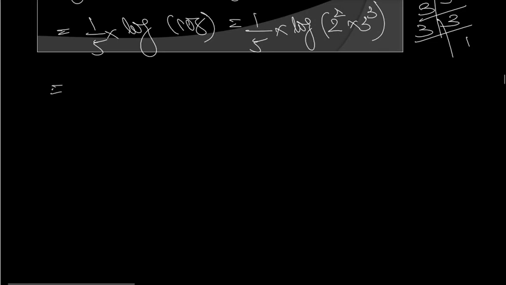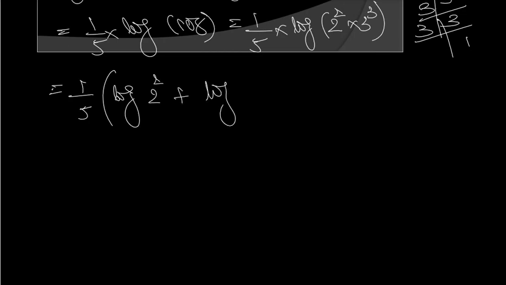How can I simplify this? 1 by 5 bracket, okay, log of m into n. What is log of m into n? Log of m plus log of n. Can I write it as log of 2 square plus log of 3 cube? I've used the product rule.